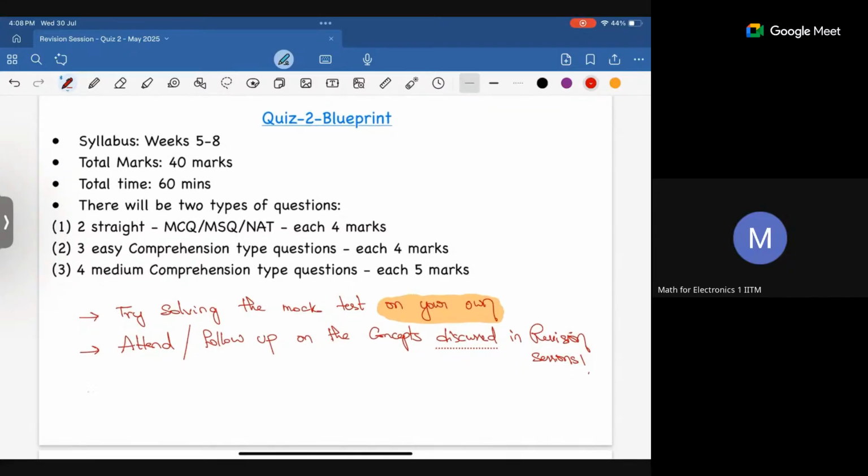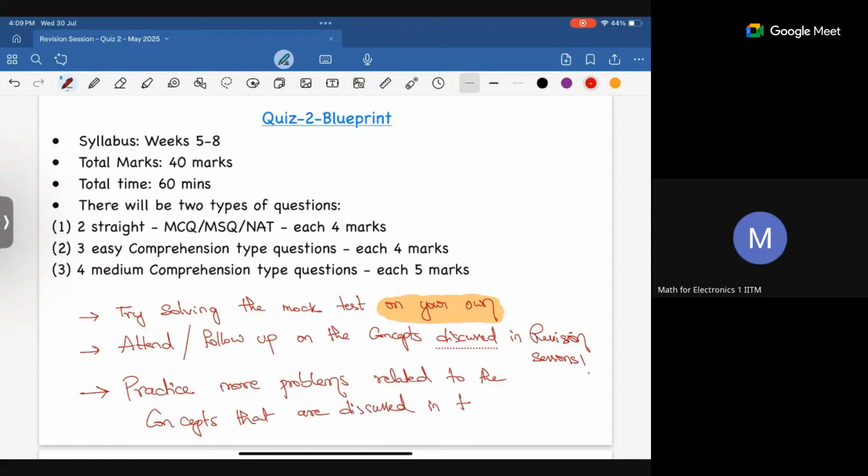And finally, practice more problems related to the concepts that are discussed in the revision sessions.